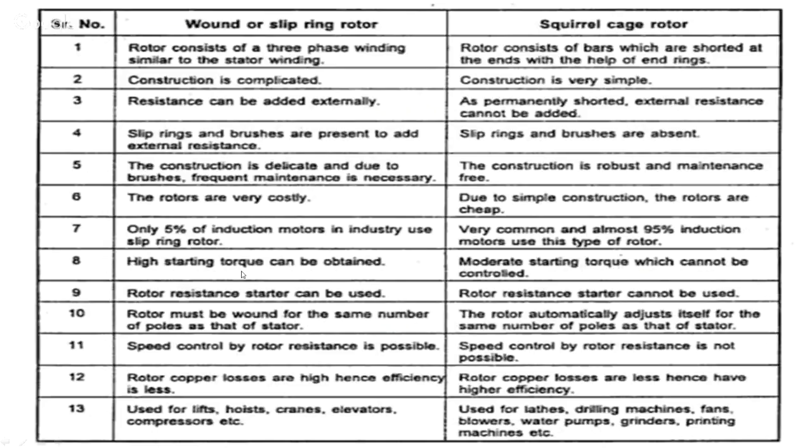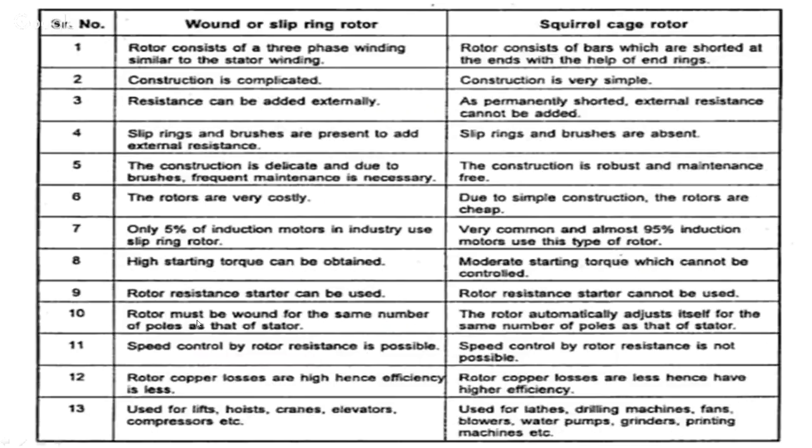Slip ring rotor has very high starting torque, whereas squirrel cage rotor has moderate starting torque and it cannot be controlled. Rotor resistance starter can be used in slip rings. Rotor resistance starter cannot be used in squirrel cage rotors.